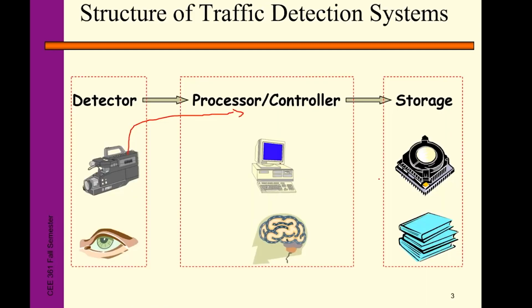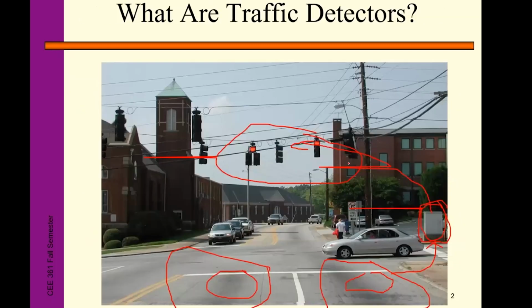The controller processes all the data captured by the sensors, and stores the data in different media for different purposes, for long-term usage such as transportation planning, or for real-time traffic control, like what I show you on this slide.